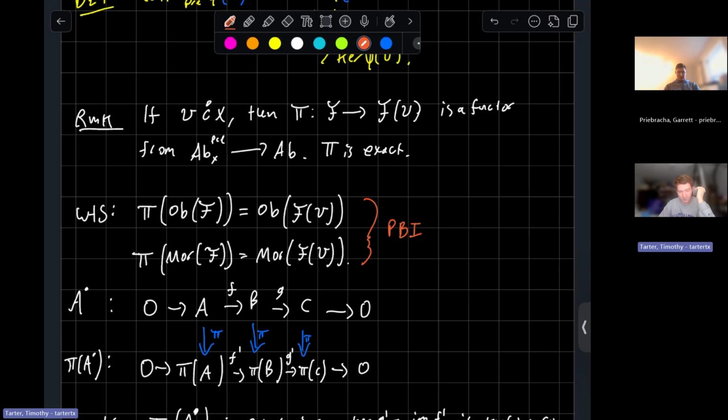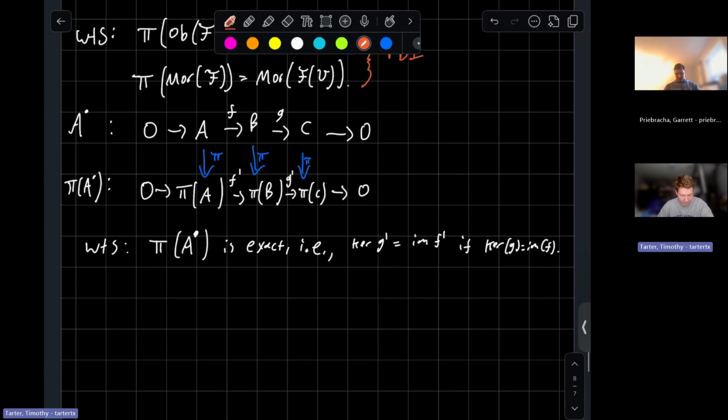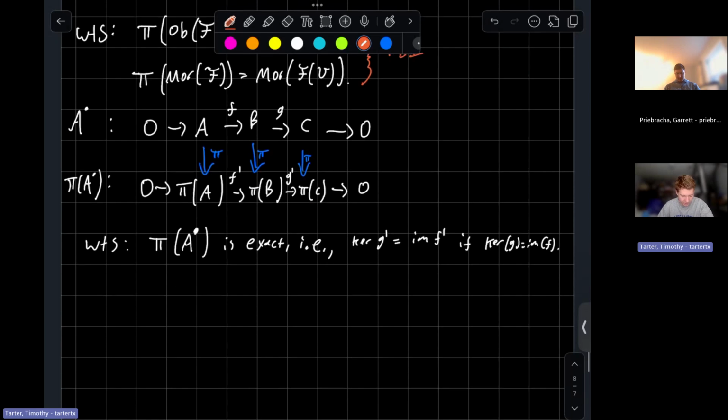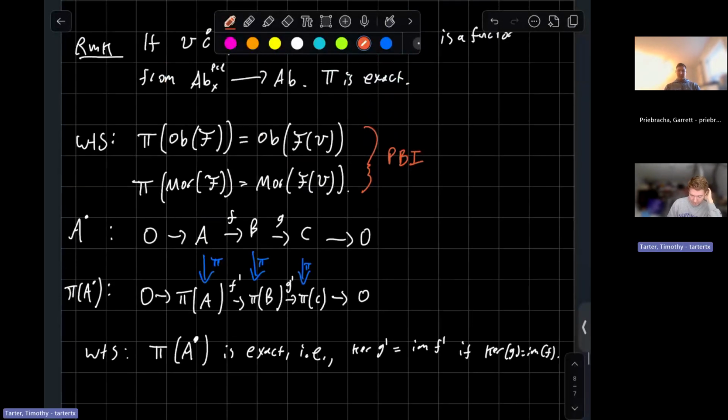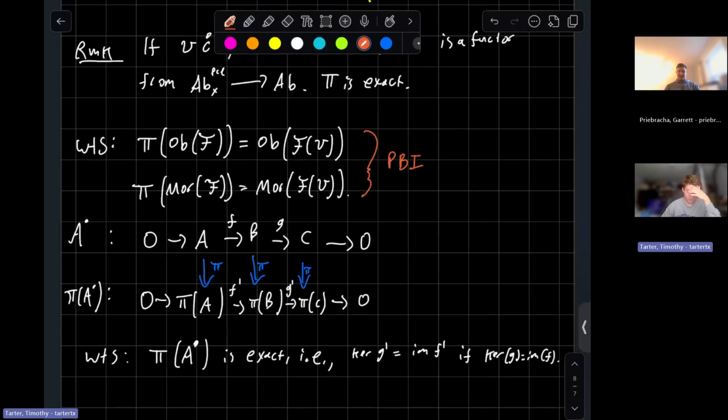Now I'm going to write this first bit off to proof by intimidation. Okay. And then this second bit we can do. So if the image of F is equal to the kernel of G, then we have two options.